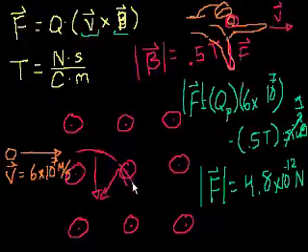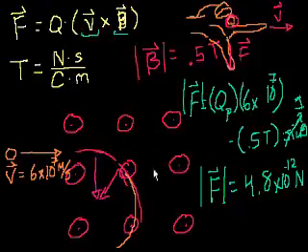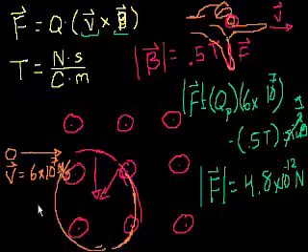So the particle is actually going to go in a circle. As long as it's in the magnetic field, the force applied to the particle by the magnetic field is going to be perpendicular to the velocity of the particle. So it's going to be like a centripetal force on the particle. So the particle is going to go in a circle. And in the next video, we'll actually figure out the radius of that circle.